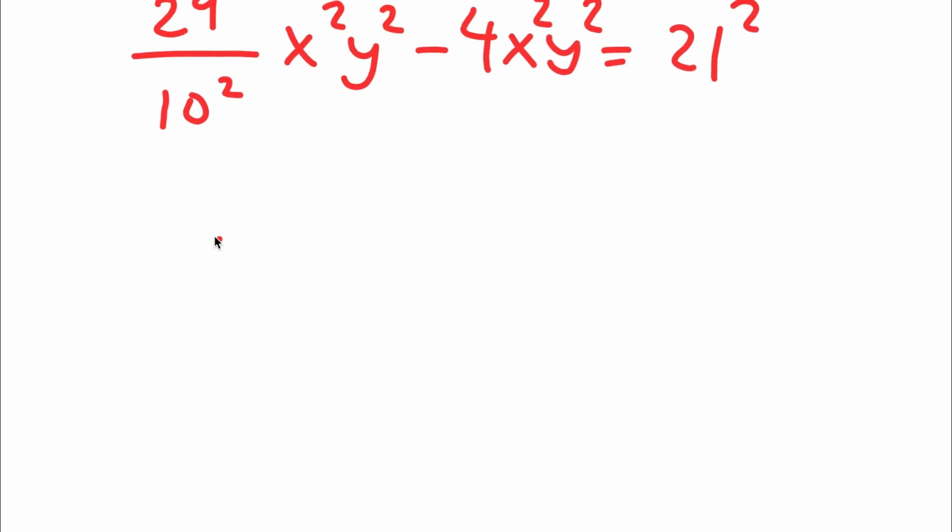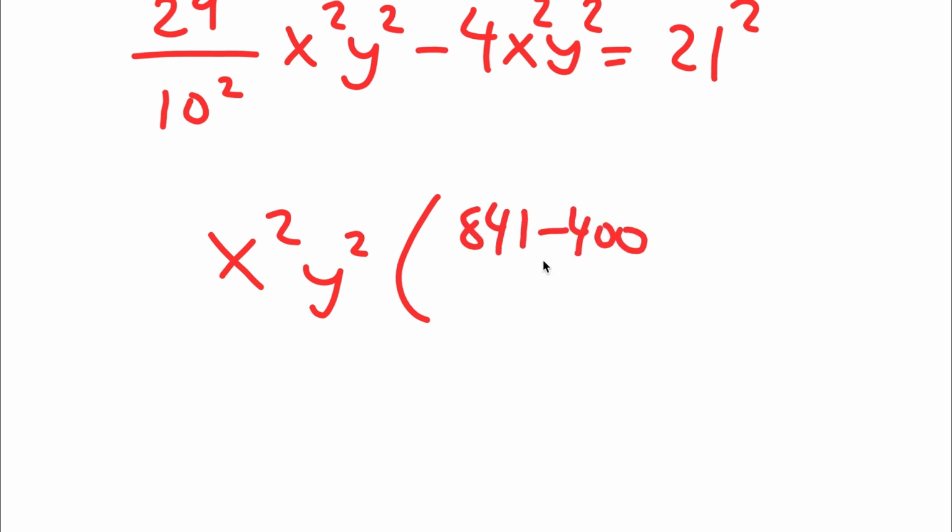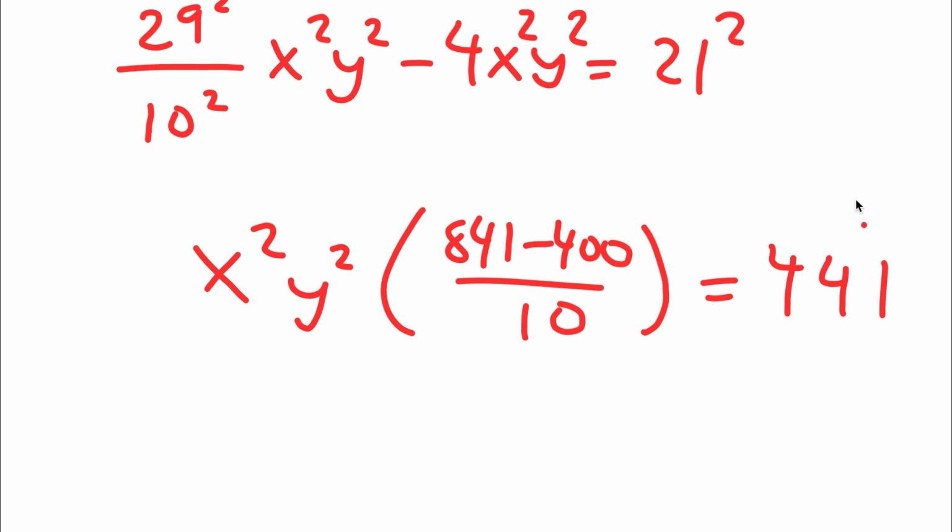And this means that x squared times y squared times (841 minus 400) over 10 is equal to 21 squared, which is 441. If you're confused about how I got this, I just factored out x squared times y squared.